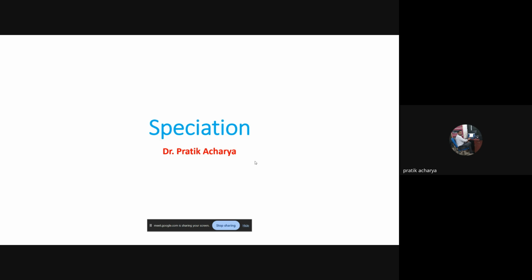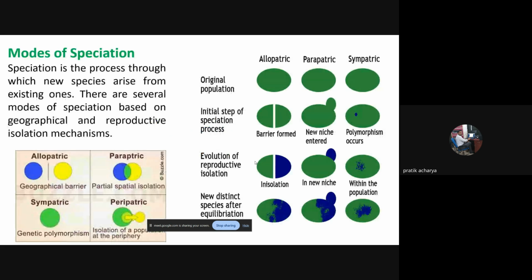And those organisms selected by nature become the new species which are different from the primitive group. This concept is known as origin of new species, or we can say speciation. So in this chapter, we are going to discuss speciation, its category, the mechanism of speciation, how speciation occurs.